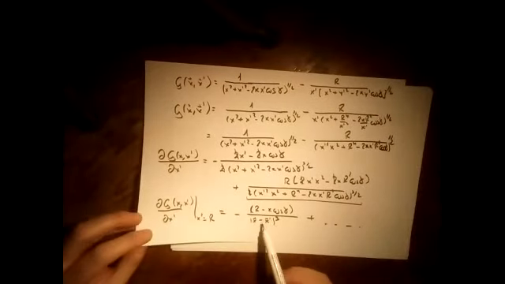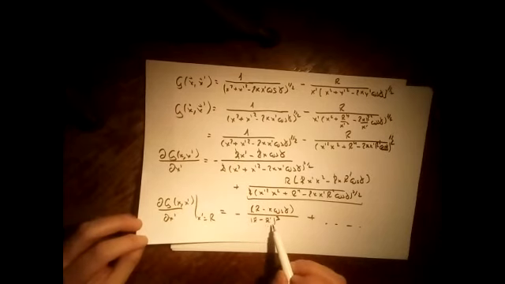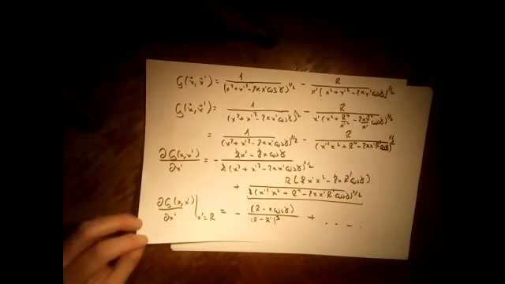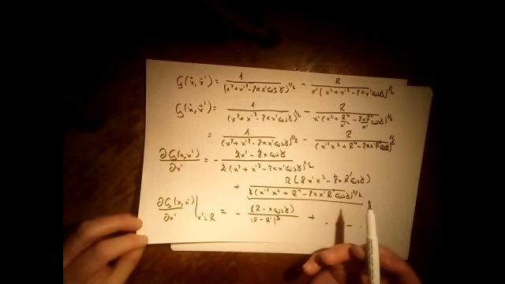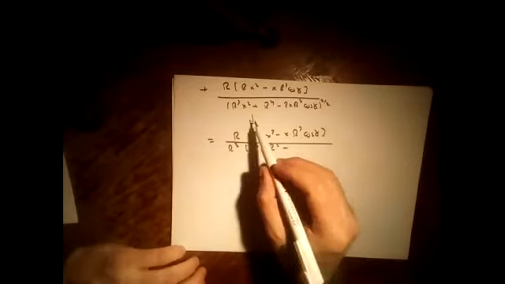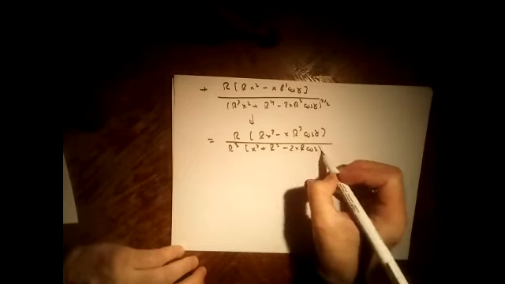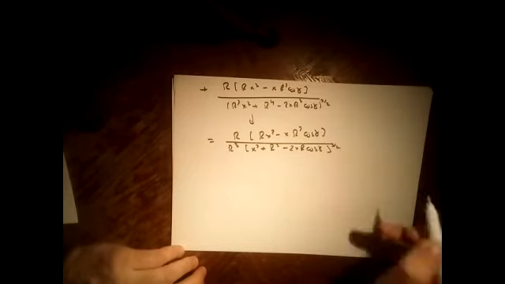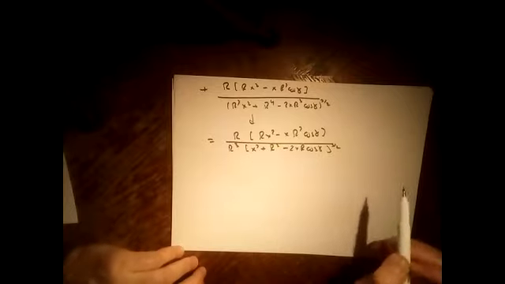Well, here we should keep in mind that x prime is on the surface. Yeah, okay, I will rewrite it, but anyway, x squared plus r squared minus 2xr cosine gamma to the 3/2. That notation was a little bit clumsy, but I will rethink it.